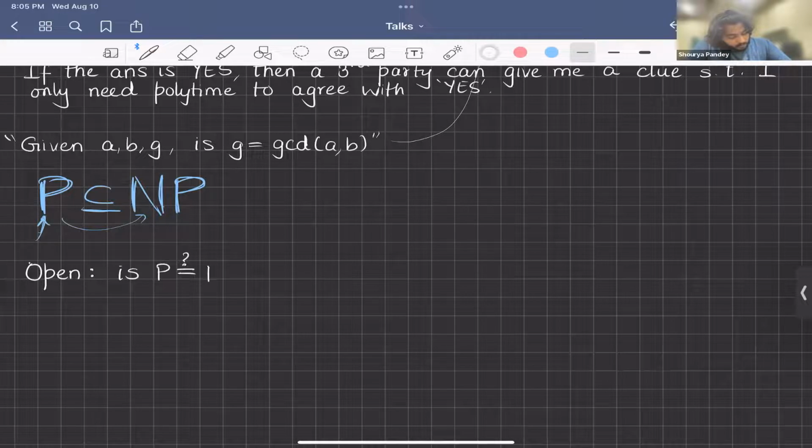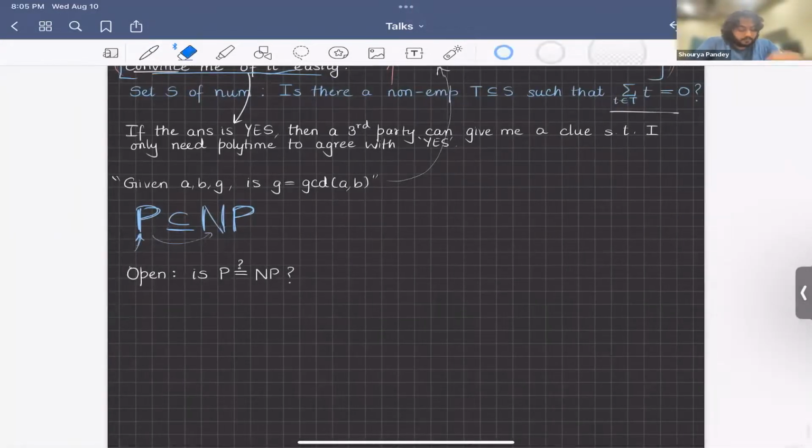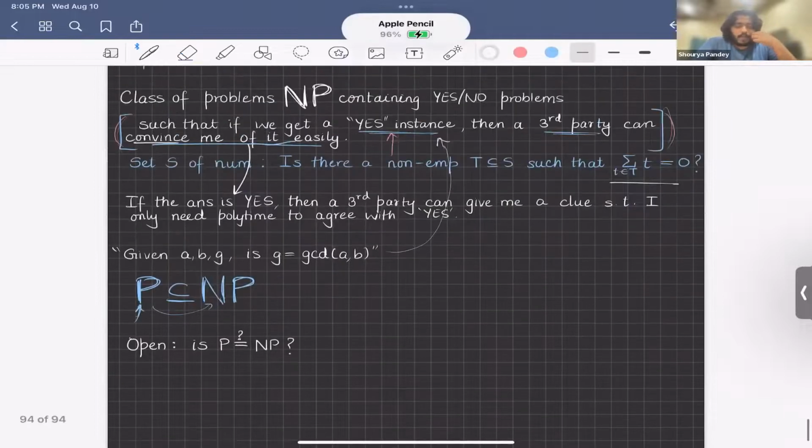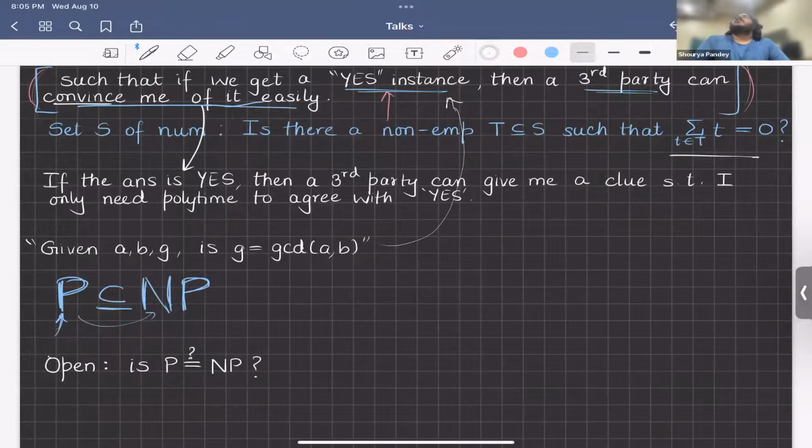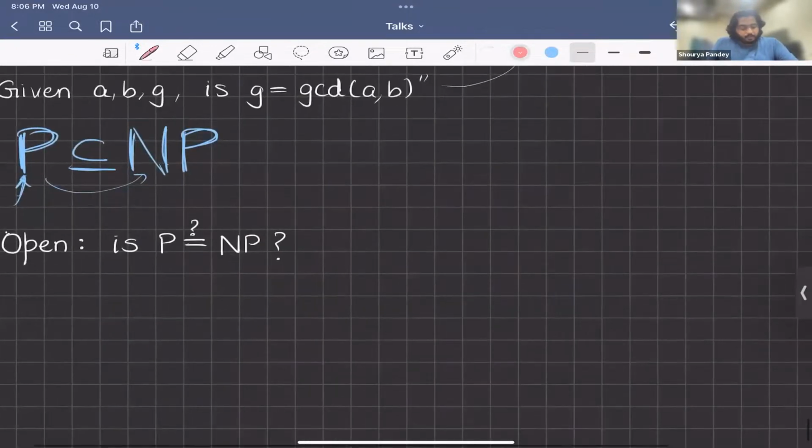Is P equal to NP? Let me give you one reason why most people believe that NP is not equal to P. Let's get into that discussion for a while. First of all, notice that P basically talks about problems that are polytime solvable.